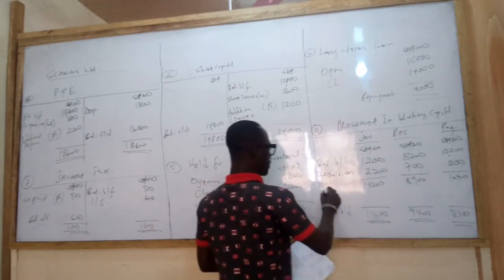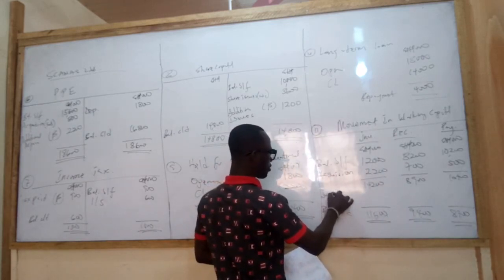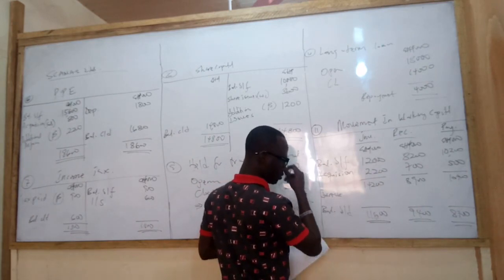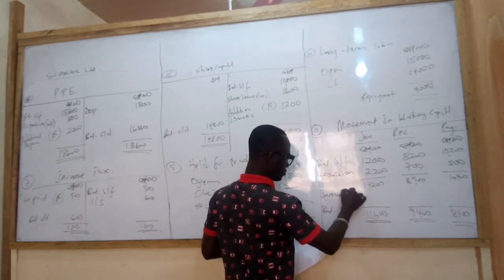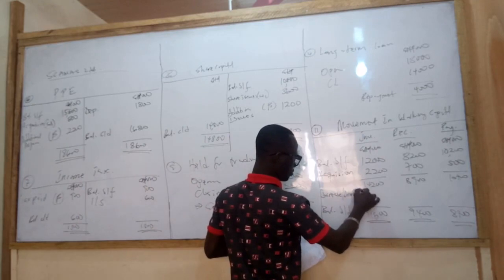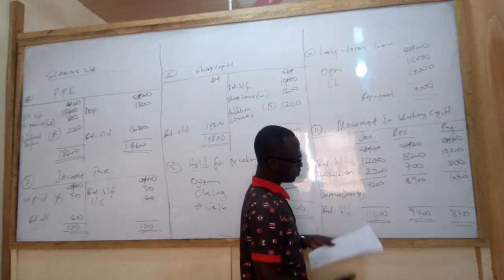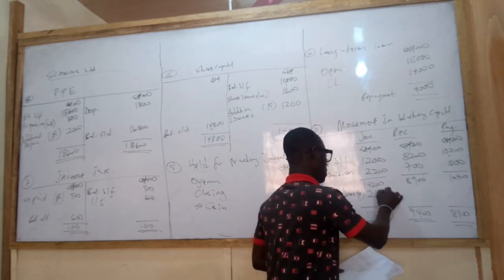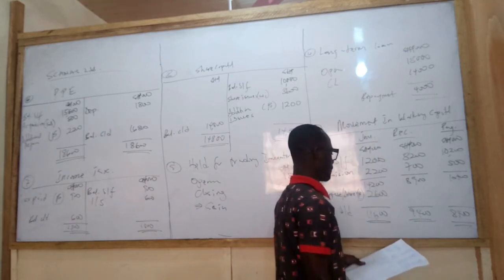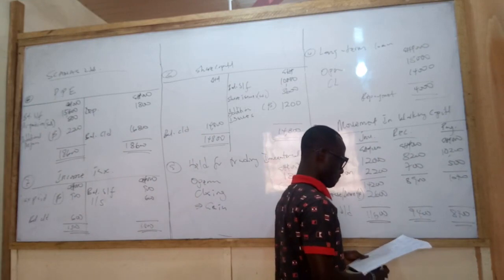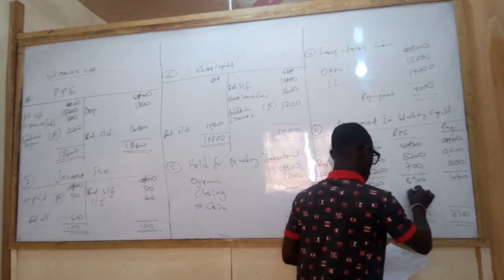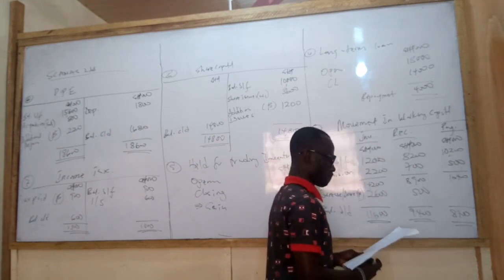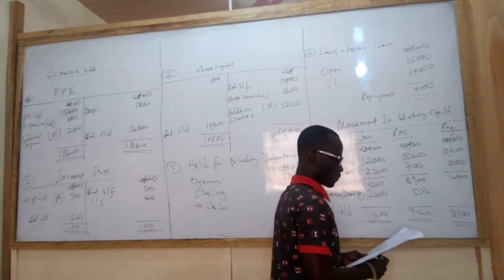So let's get the balancing figure. That will tell us whether something is increasing or decreasing. What do we have? 2,600. 500. 2,000.